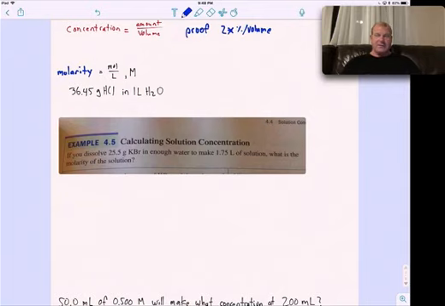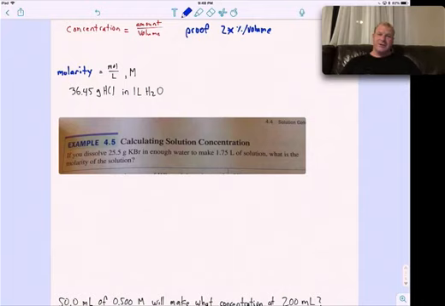And there are some other concentrations, like the proof for alcoholic beverages. If something is 80 proof, for instance, that means it is 40% alcohol by volume. That one's used in the liquor realm. We use a different type of unit in chemistry.